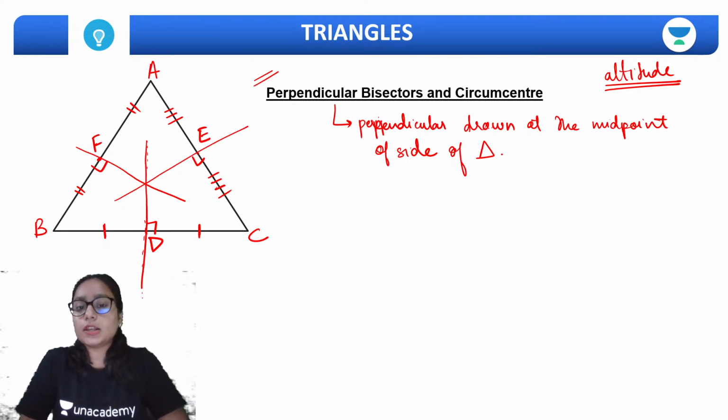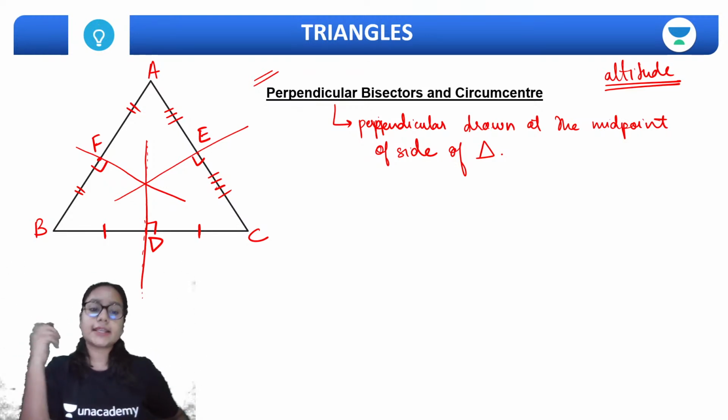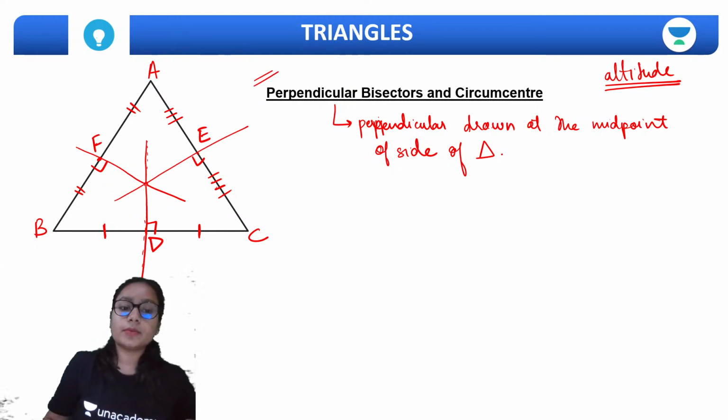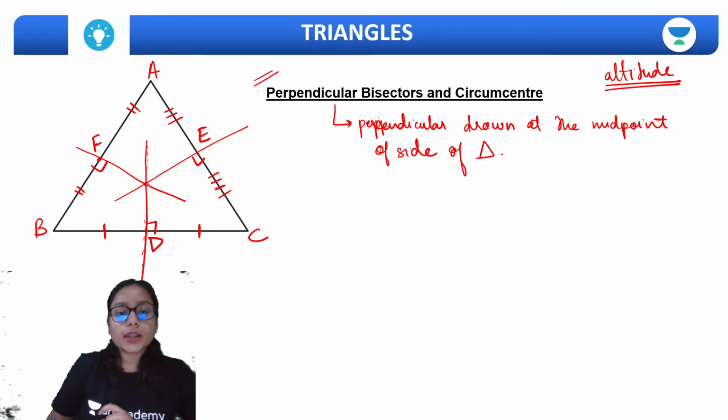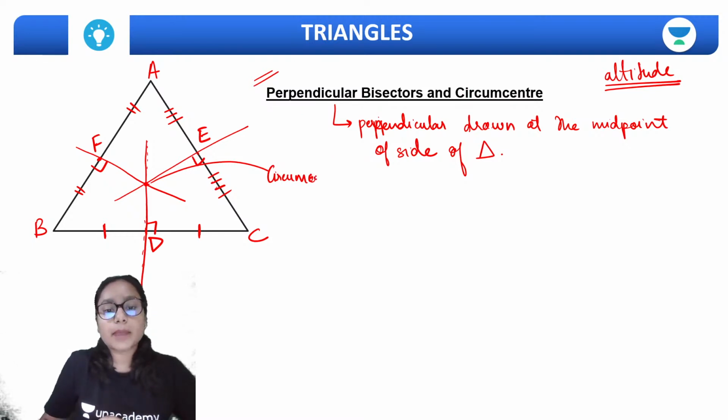What is a perpendicular bisector? Now, the three perpendicular bisectors of a triangle intersect at a common point, and this point is known as the circumcenter. Circumcenter is the intersection point of the perpendicular bisectors of a triangle.